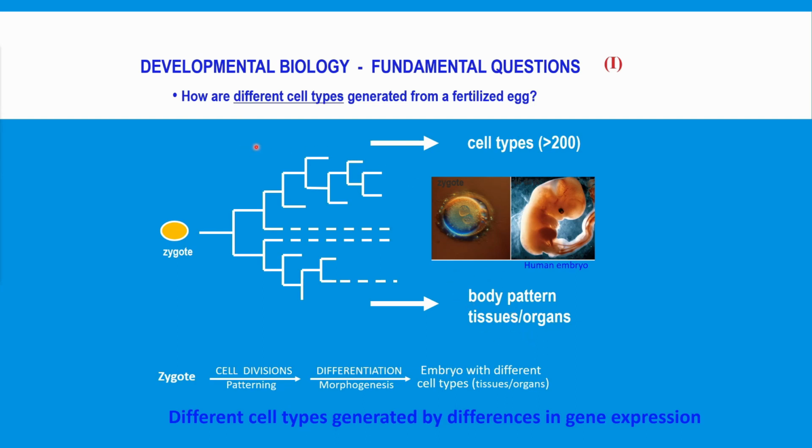And we said that they discovered that the cells were dividing and differentiating, and that patterning and morphogenesis were also important for this. And we came to the question then, how are the different cell types generated from a fertilized egg? And we came to the answer in the end that different cell types are generated by differences in gene expression.